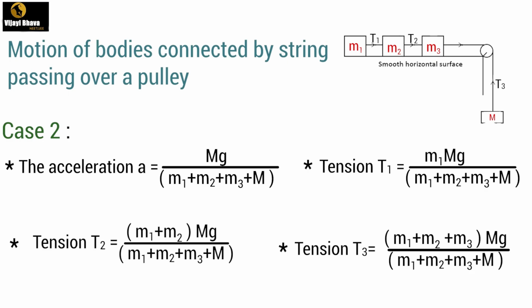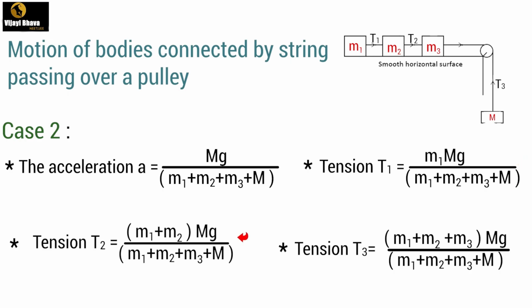In this condition, the acceleration of the system A is equal to mg by (m1 plus m2 plus m3 plus M), where capital M is the mass of the pulley. Tension T1 is equal to m1 into mg by (m1 plus m2 plus m3 plus M).